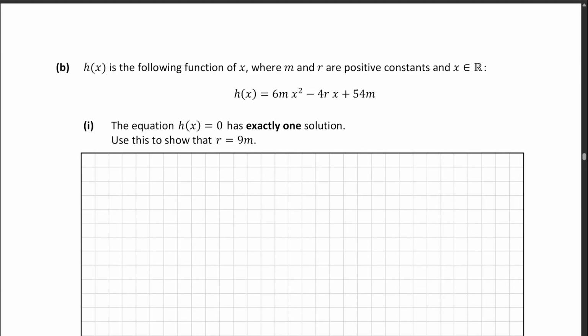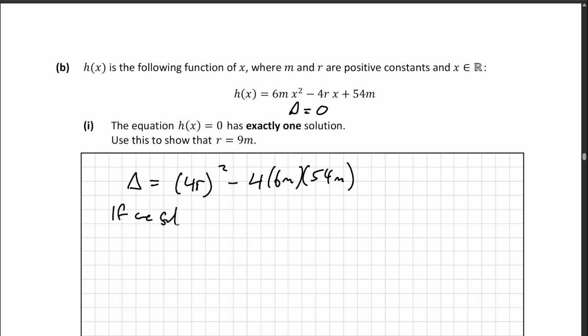Okay, h of x is a function of x, m, and r and constants. If it has exactly one solution, then our discriminant equals 0. So our discriminant equals 4r squared minus 4 by 6m by 54m. So if one solution, we're going to set this to be 0. So that's 16r squared, subtract 4 by 6 by 54, which is 1296, m squared equals 0.